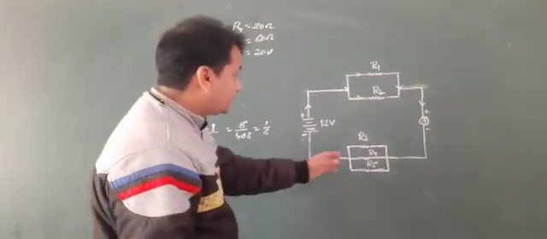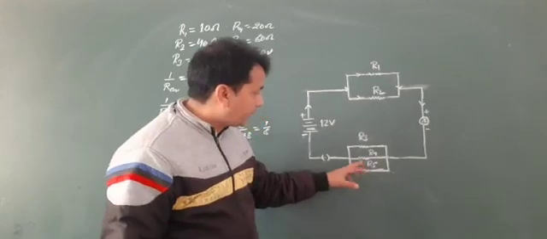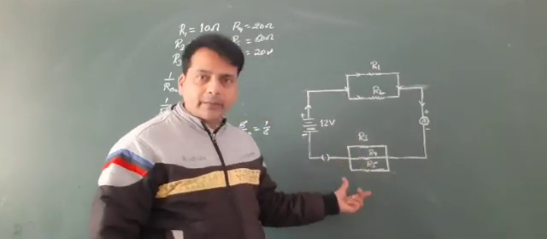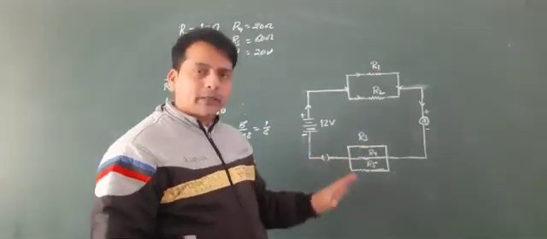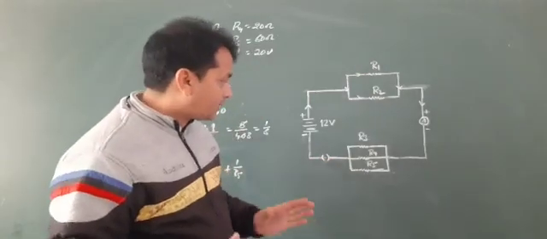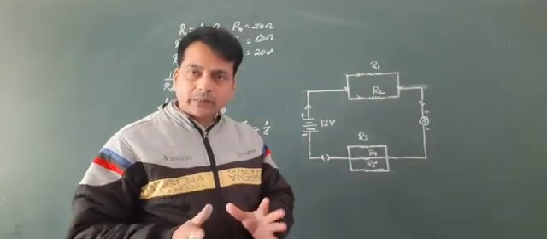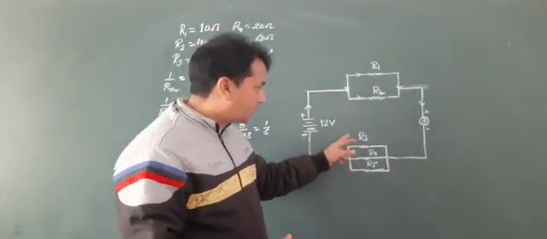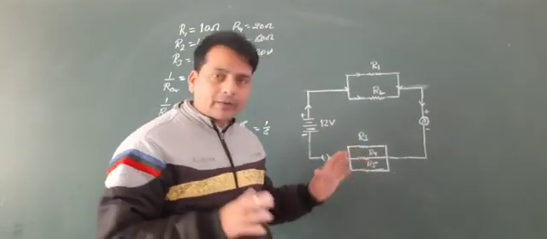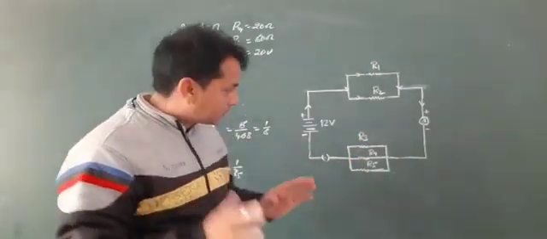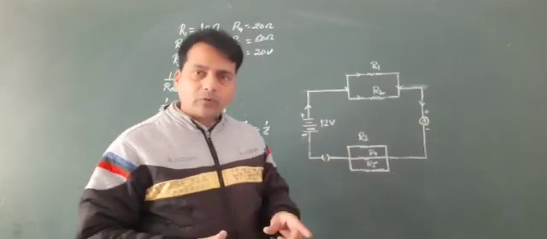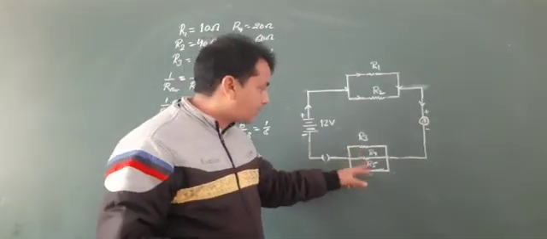In this circuit, R3, R4 and R5 are connected in parallel combination, and we know that the equivalent resistance of R3, R4 and R5 is the reciprocal of the sum of the reciprocals of R3, R4 and R5.